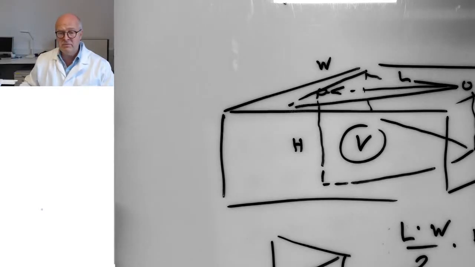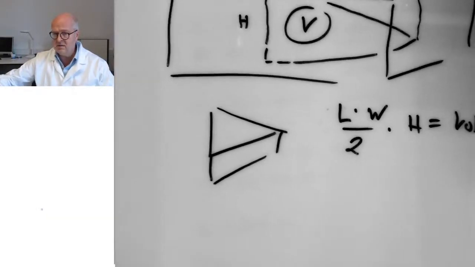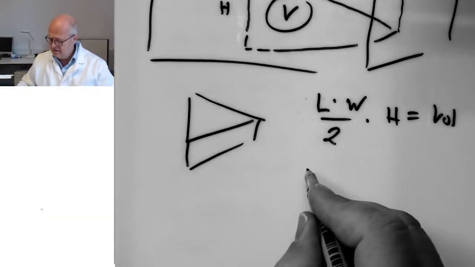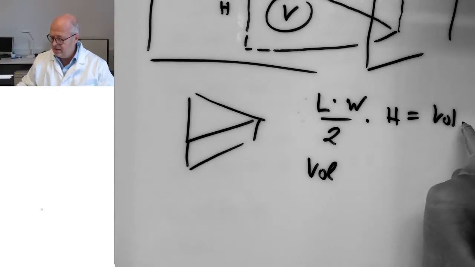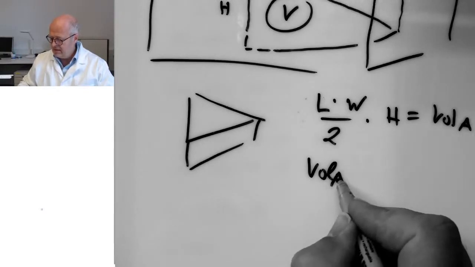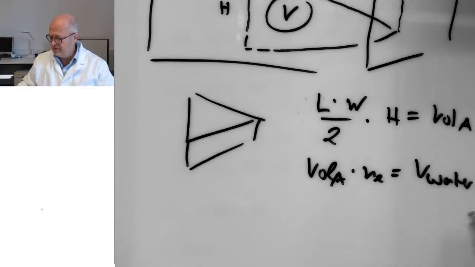Now this volume needs to be multiplied with a porosity. So length times width, and once you have the volume of the aquifer, you multiply with the porosity, which gives you the volume of water. Once you have the volume of water, you define your target concentration that you want to measure.